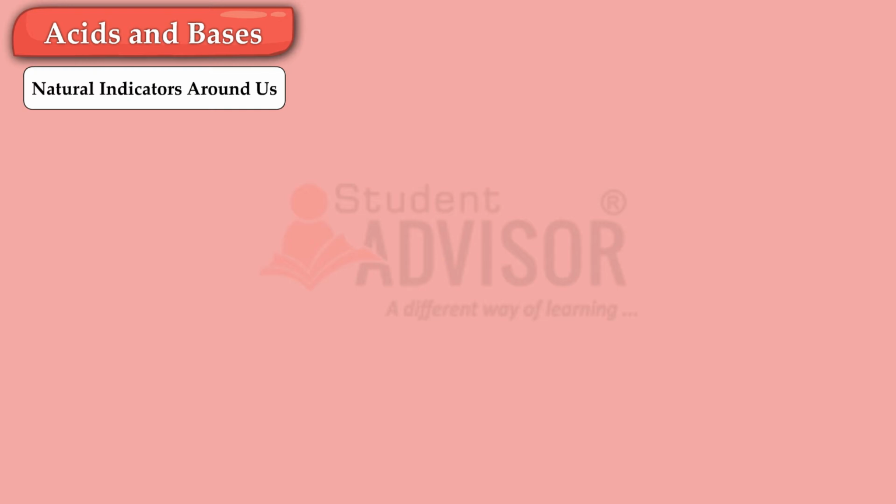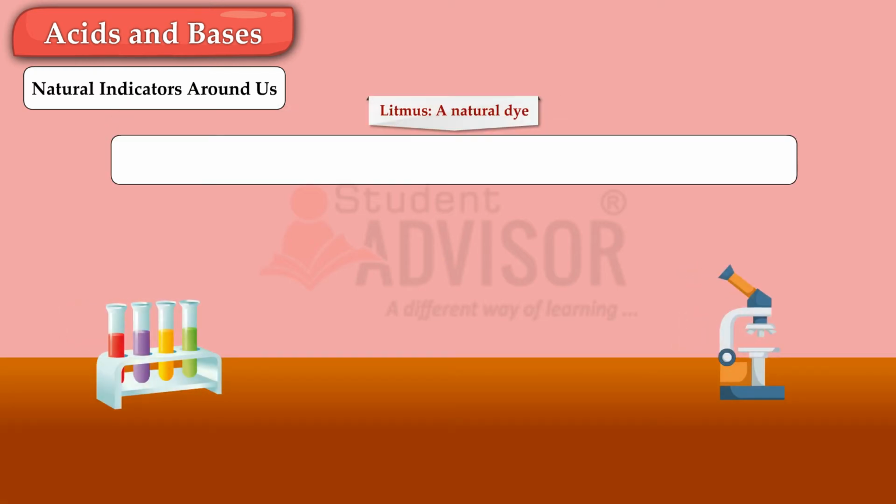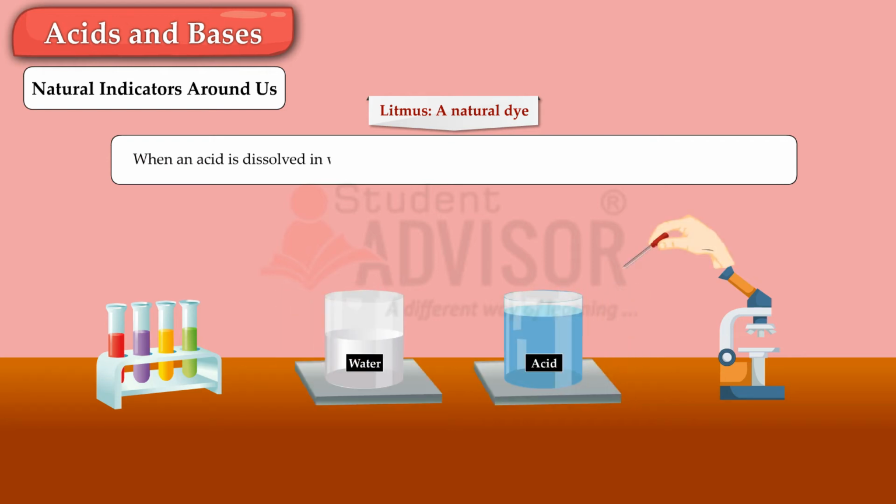Natural indicators around us. Litmus, a natural dye. When an acid is dissolved in water, we get an acidic solution, and alkalis make alkaline solutions.